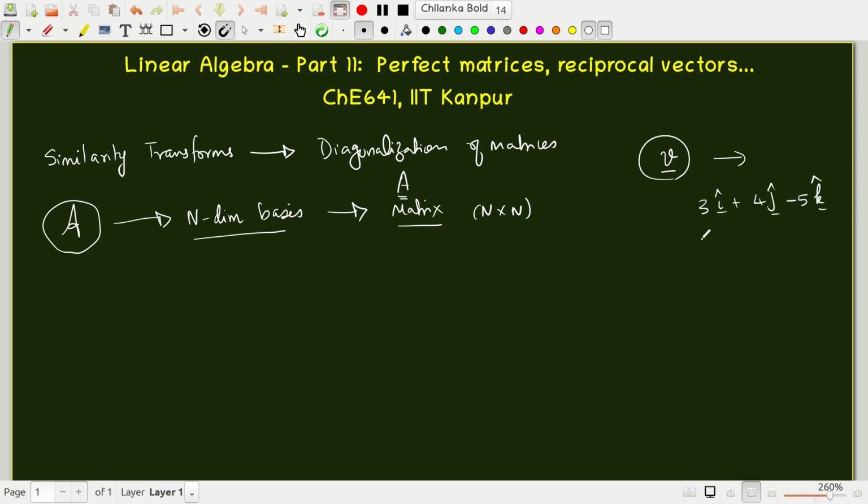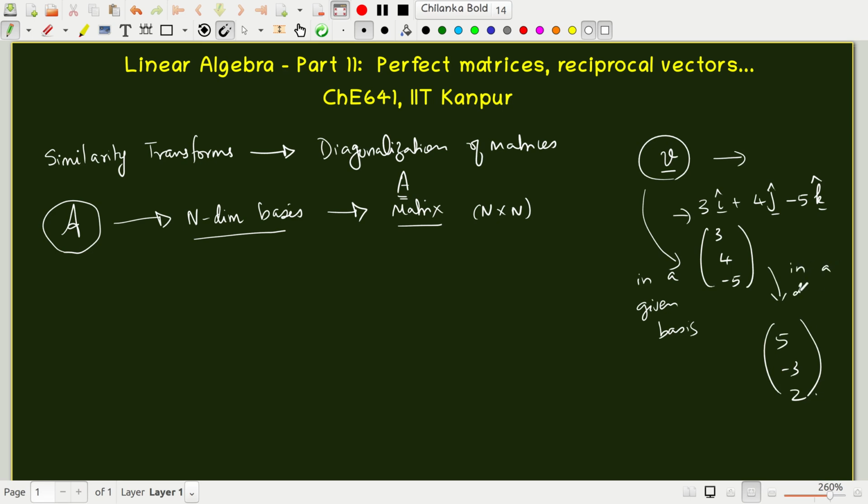So the velocity vector is either represented in this form, or you may simply say 3, 4, minus 5 as being the components of this velocity vector in a given basis. But this is itself not the vector, because this is the representation of the vector in a basis. Of course, these numbers will change if I go to some other basis. It may become 5, minus 3, 2, or whatever, in a different basis.